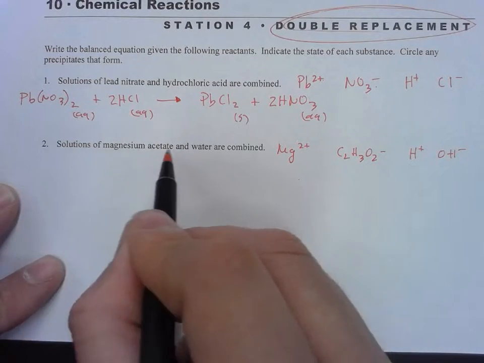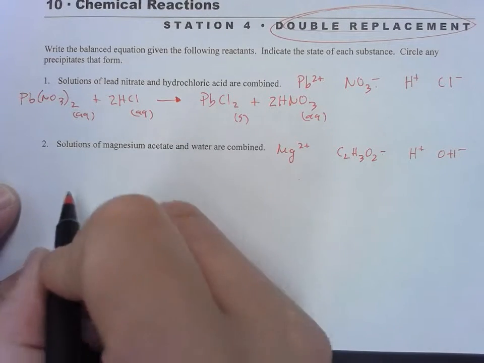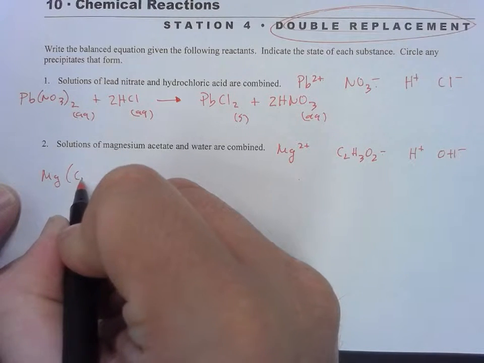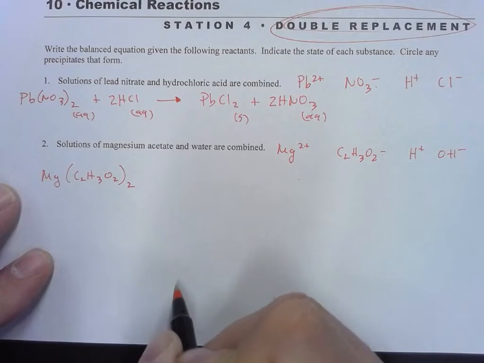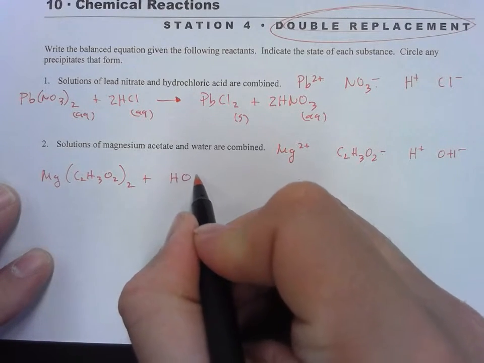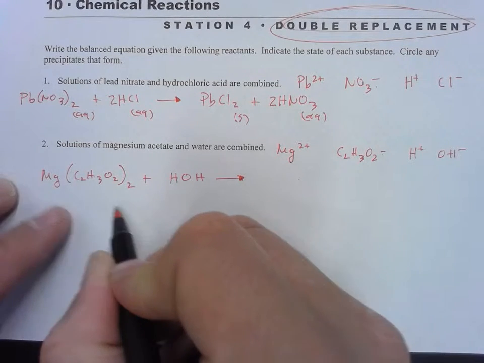Solutions of magnesium acetate. So I've got 2 of these. I'm sorry, that's a 2 plus. I need 2 of these to cancel out that 2 plus. So Mg(C2H3O2)2. I've got 2 of them. Plus HOH yields. These guys are going to switch.